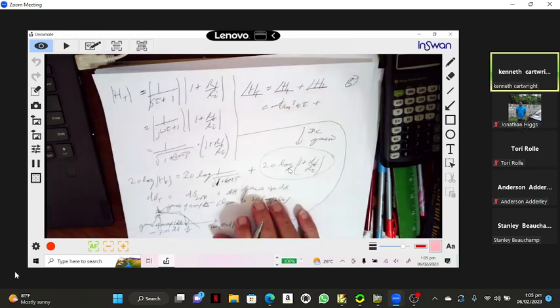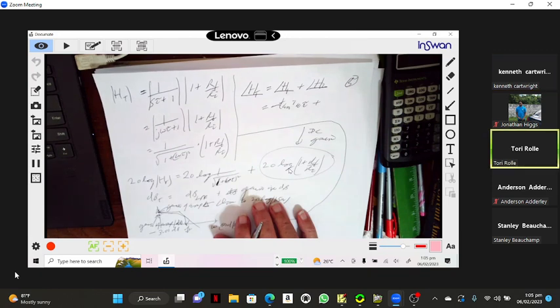Why do you say that? You say that because you don't understand what H1 is and what H2 is. Is H1 equal to H2? No, they're totally different. So why would the angle of H2 be the same thing as the angle of H1?